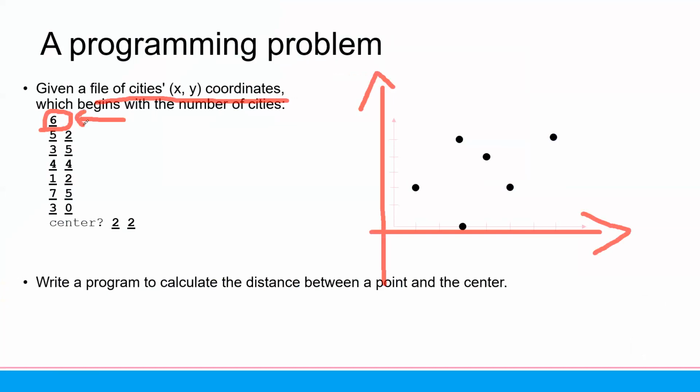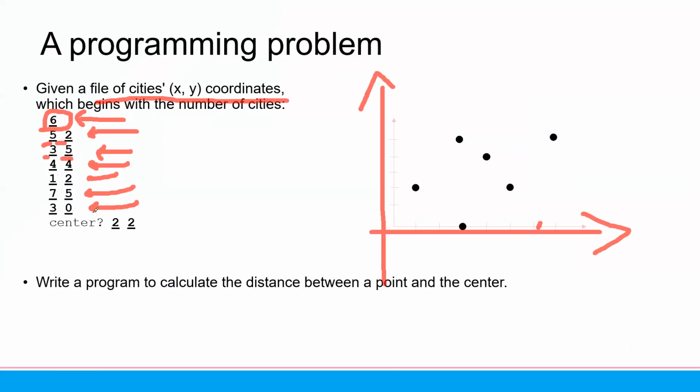The first point is 5.2. The second point is 3.5. Anyway, yes, this is the point: 5.2, 3.5, 4.4, 1.2, 7.5, 3.0.